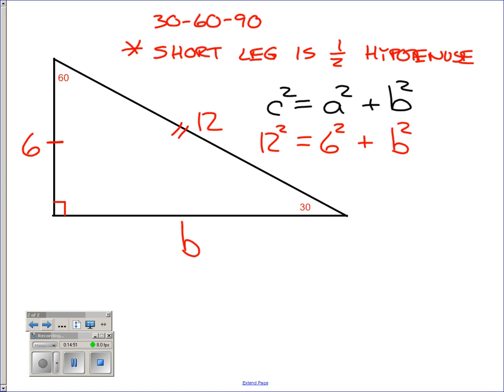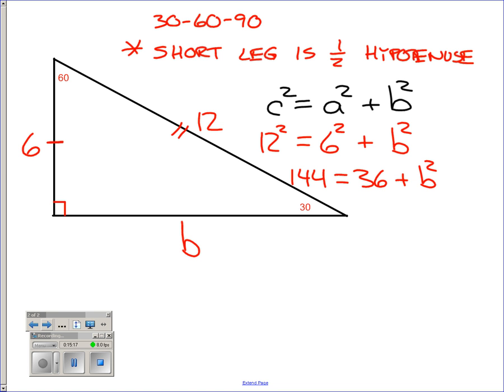Now, one word of caution. Do not write this as b squared is equal to 6 squared plus 12 squared just because the b is the unknown side. It is not the hypotenuse. So I'm going to go through and square these numbers out. 144 is equal to 36 plus b squared.